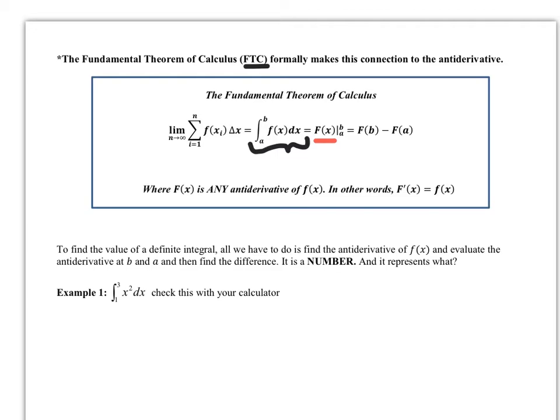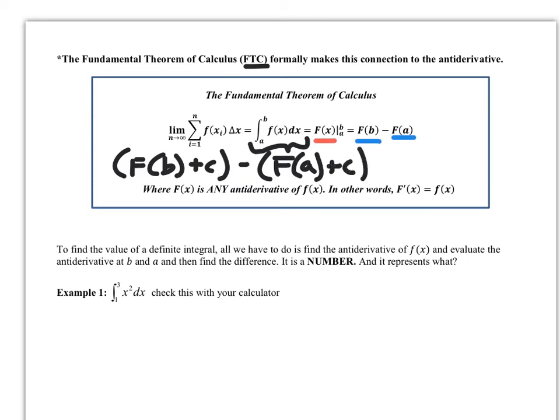What we do is we evaluate that antiderivative at both a and b, and we take the output of f of b minus the output of f of a. So what happens in reality is we have f of b plus that constant minus f of a plus that constant that we had hidden in this last piece, and those constants cancel out.